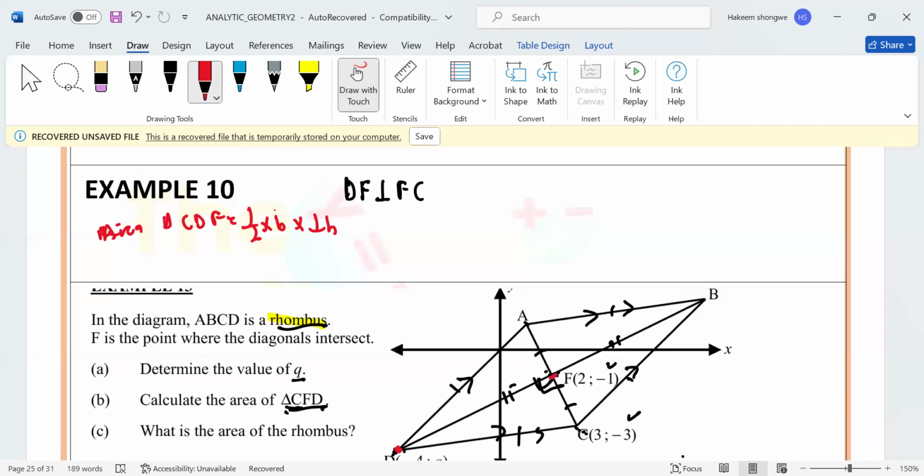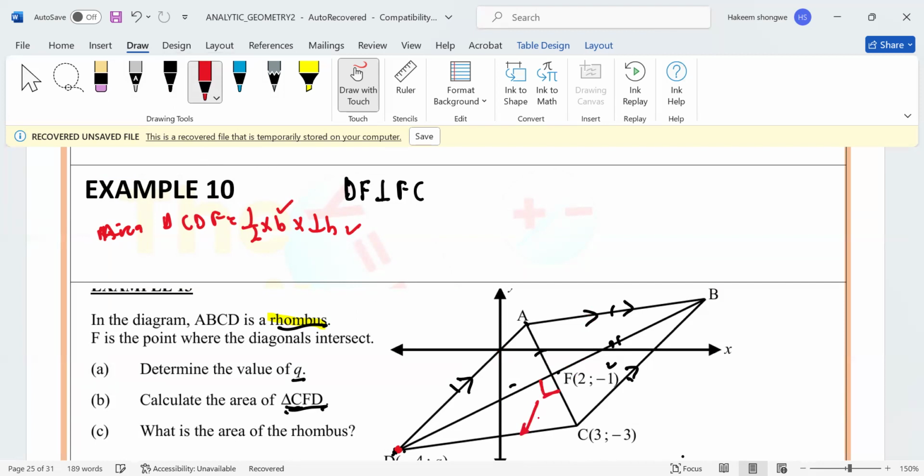So we need to know what is going to be our base. We need to know what is going to be our height. So what is it that you have to do here? You need to know the length of CF. Remember, look at this thing here. I'm sure there's a 90 degrees here. In 90 degrees here, you are going to have your hypotenuse side.